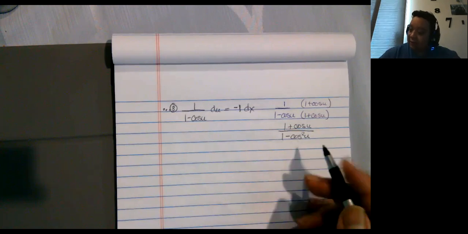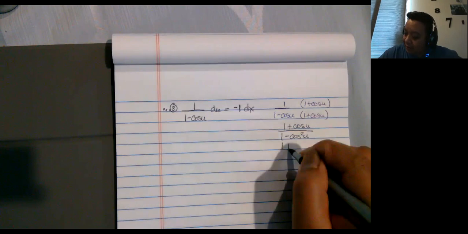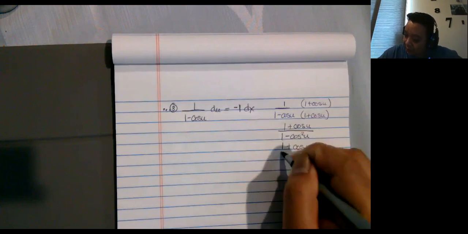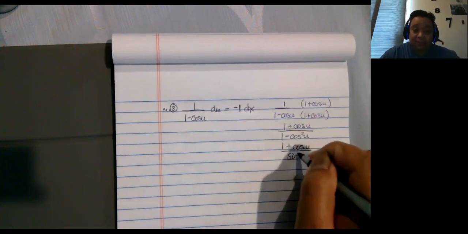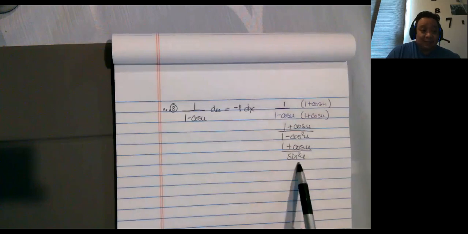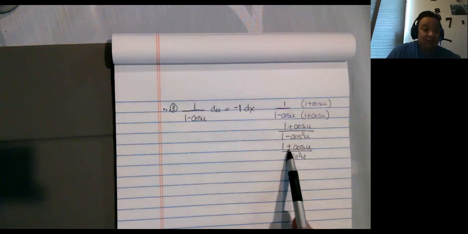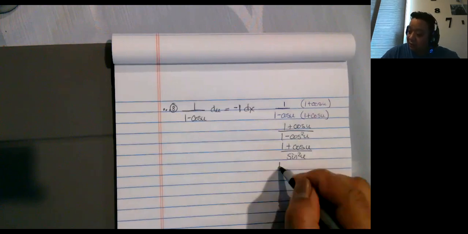Sine squared, right? So you get (1 plus cosine u) over sine squared u. And now what it does is it moves the addition to your numerator, and you can now split this up into individual fractions.